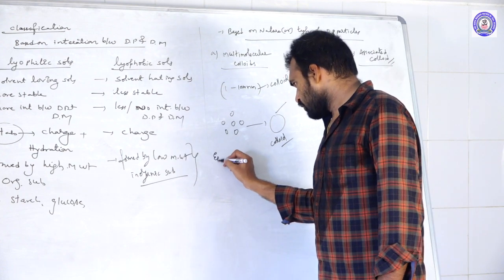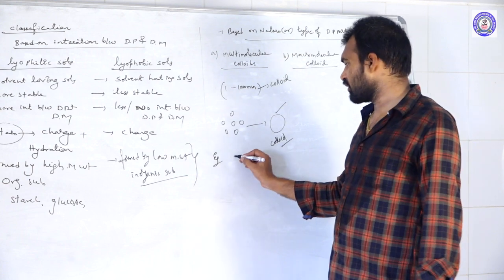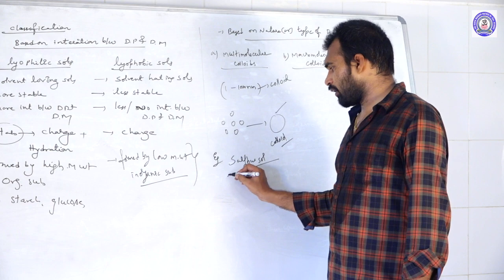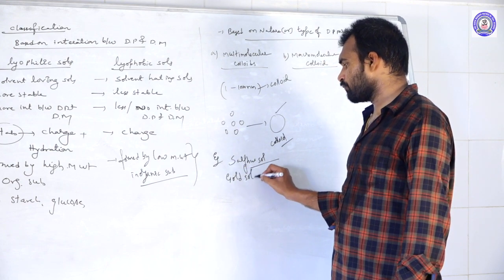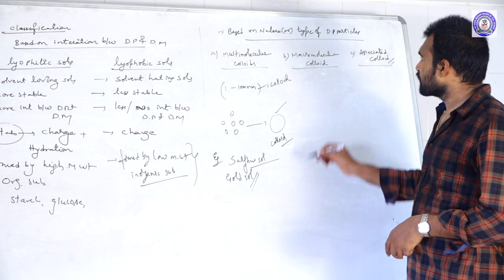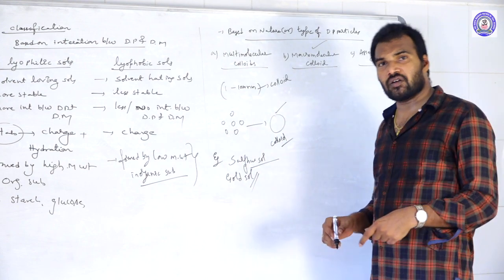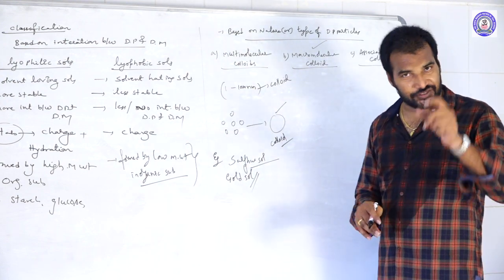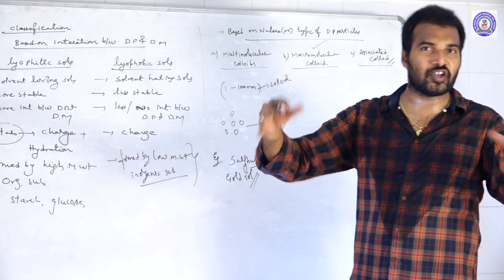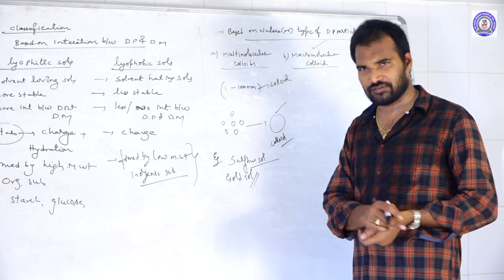What are the examples for multi-molecular colloids? The best examples are sulfur sol and gold sol. Next one, macromolecular colloids. When we dissolve this substance in the solution, these particles are already macro size, already in the range of colloidal particles, so there is no need of any aggregation or association.